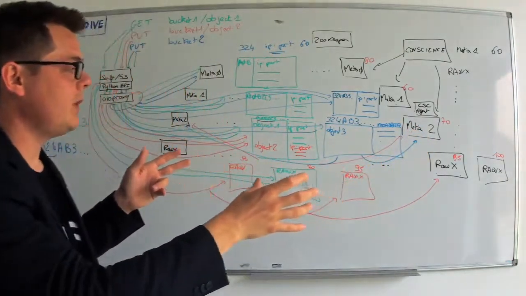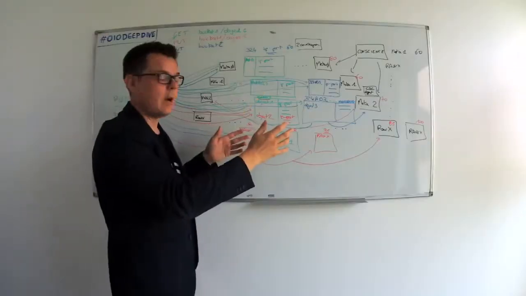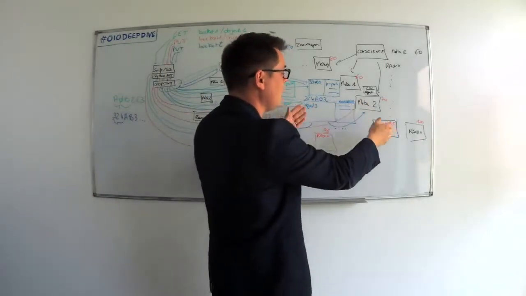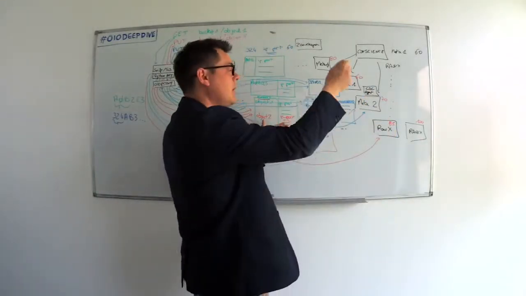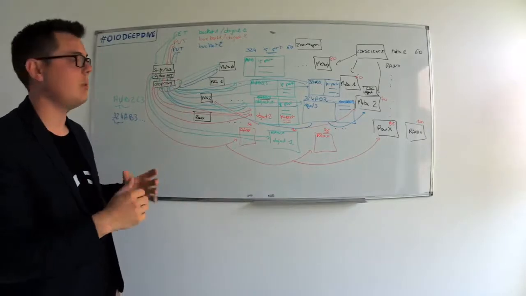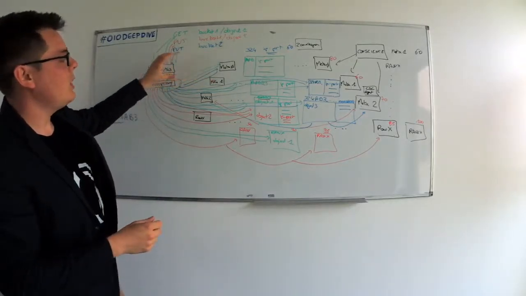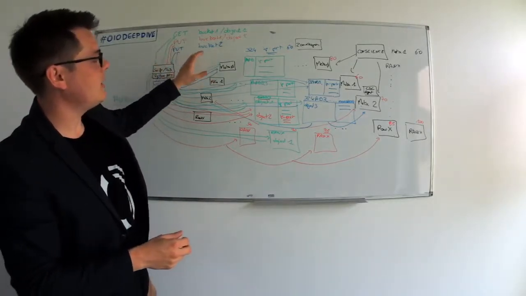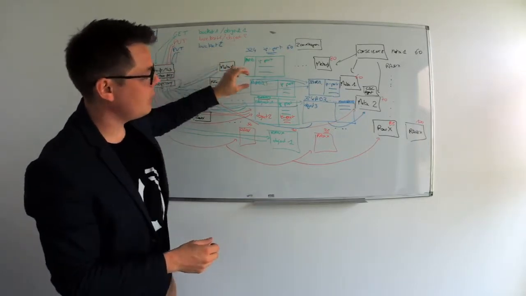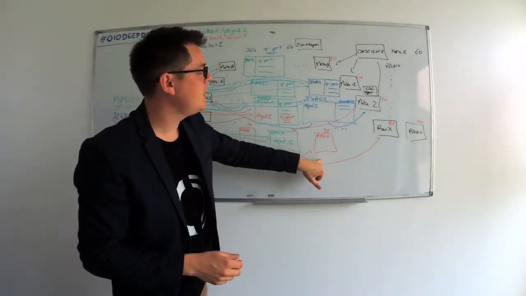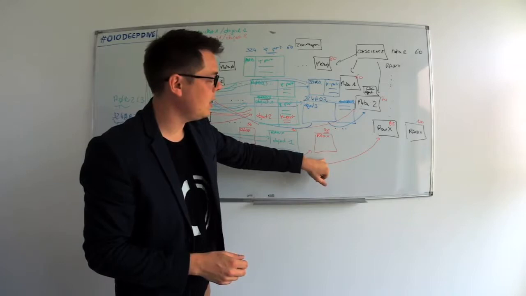So the goal was really to say, okay, if you have billions of files, we can't make one database with billions of entries, because it would take very long just to get the information. So this is the way we made sure that you will get the information quickly, and you will have your data quickly.